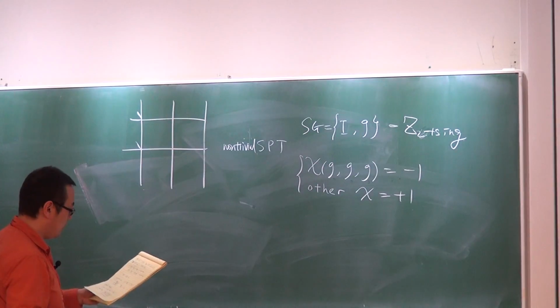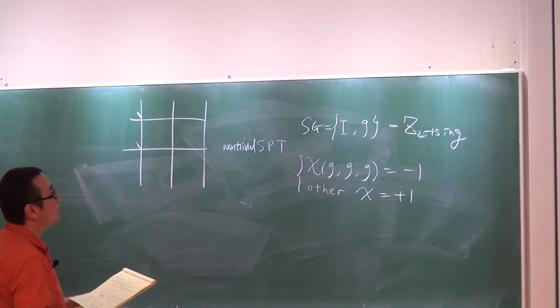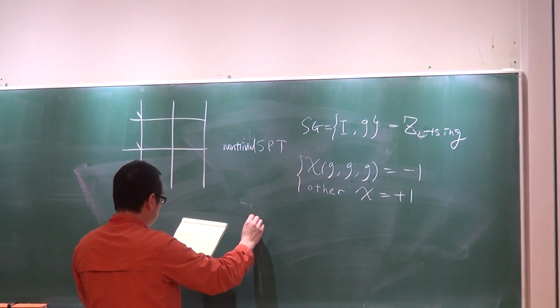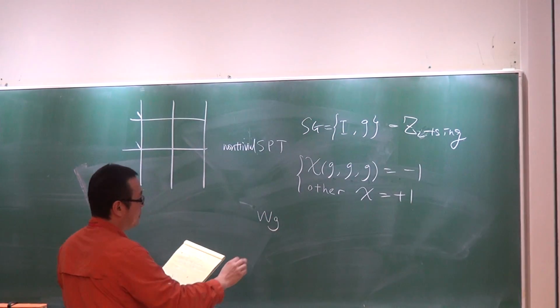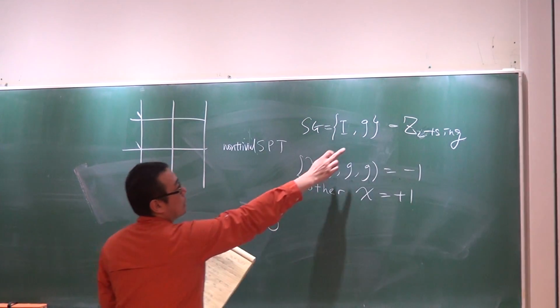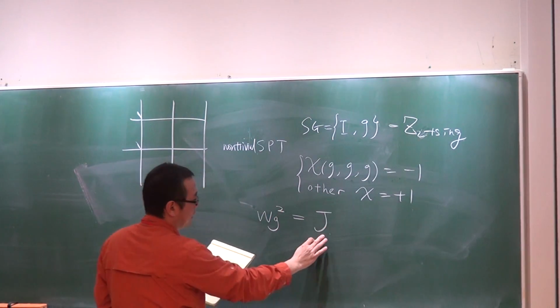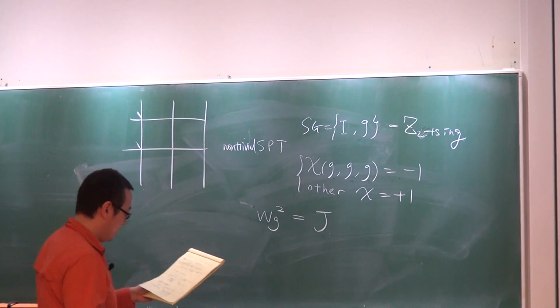Okay. And so what happens is, eventually to realize this tensor equation, what it means is you want your WG, G is the eigensymmetry, WG squared equals some J, and this J is decomposable into a product of these lambdas.